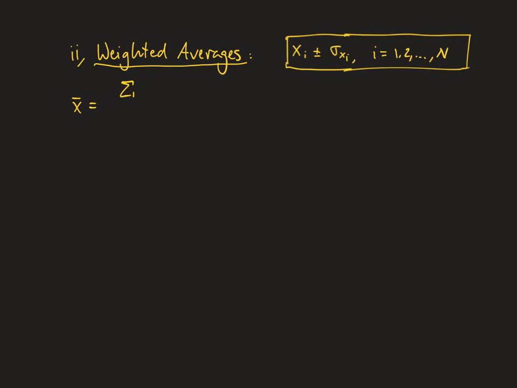So what we're going to do here is calculate the sum of x_i over sigma x_i squared, that whole thing divided by the sum of 1 over sigma x_i squared.